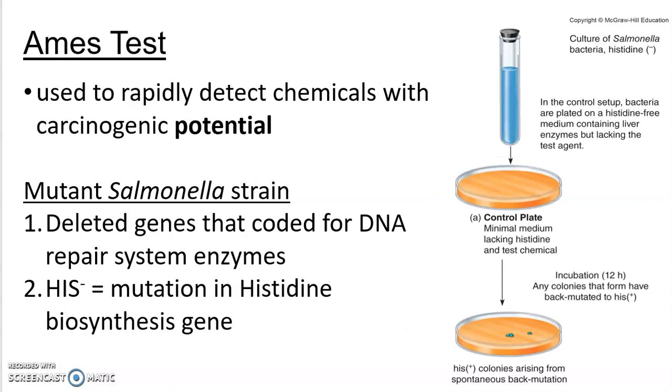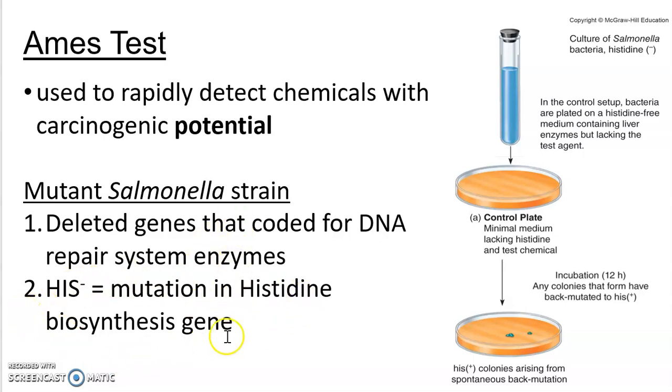And this is known as the Ames Test, by a professor out at UC Berkeley who came up with this to try and test chemicals to see, are they actually mutagenic, and these things could potentially cause cancer inside of us if they change the DNA in some cells. And he used a mutant version of Salmonella. He made two separate types of mutation.